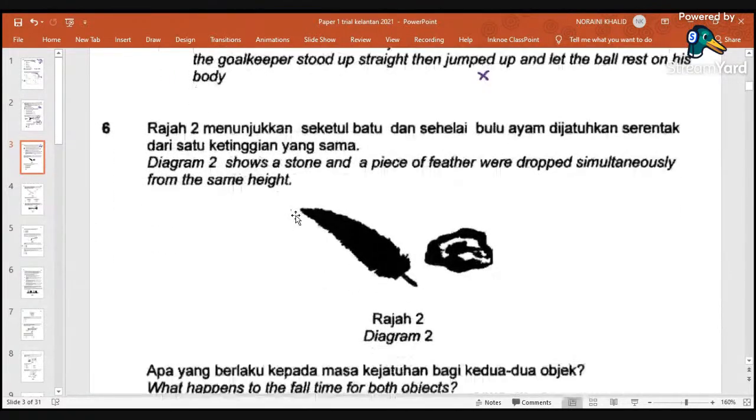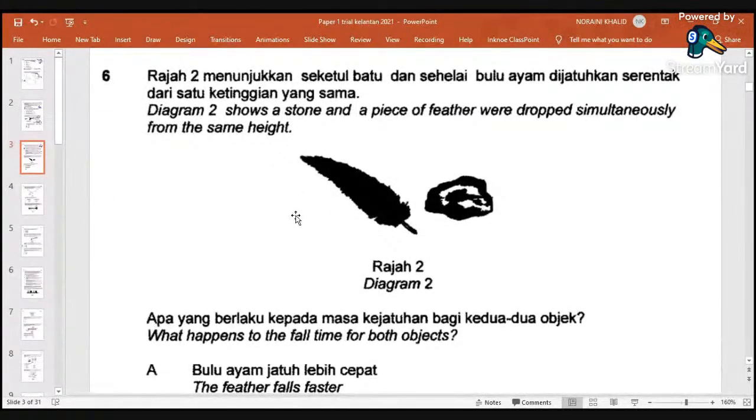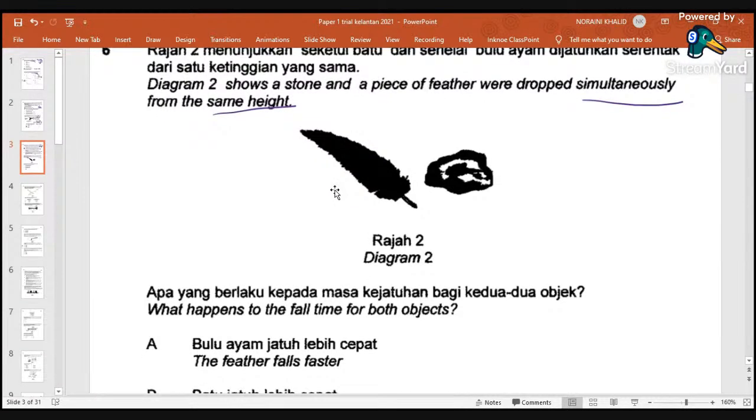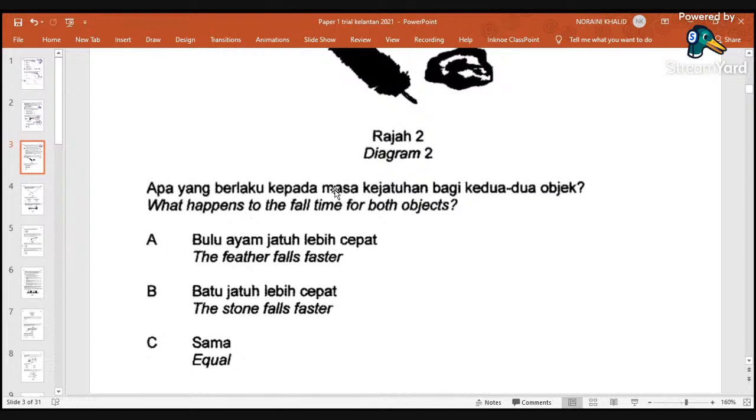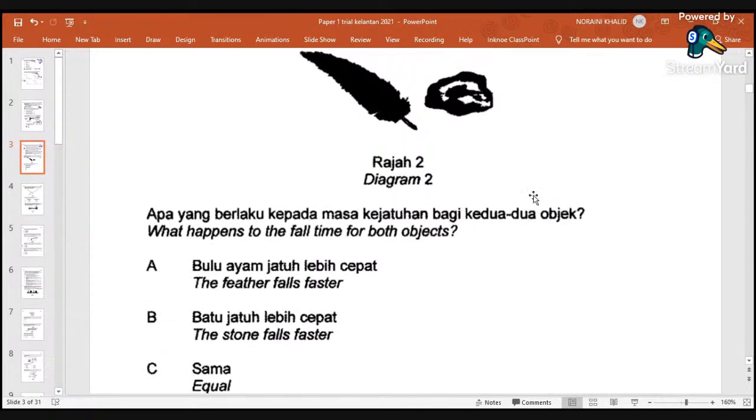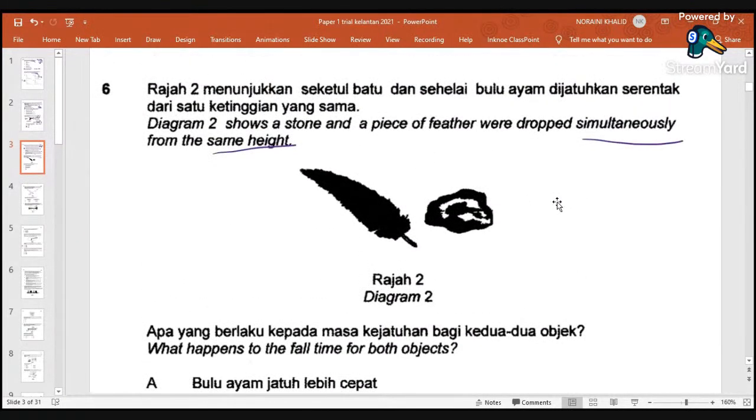Okay, number 6. Diagram 2 shows a stone and a piece of feather were dropped simultaneously from the same height. What happens to the fall time for both objects? So here no mention about vacuum or air resistance negligible.